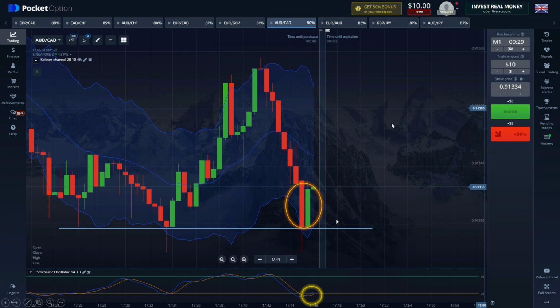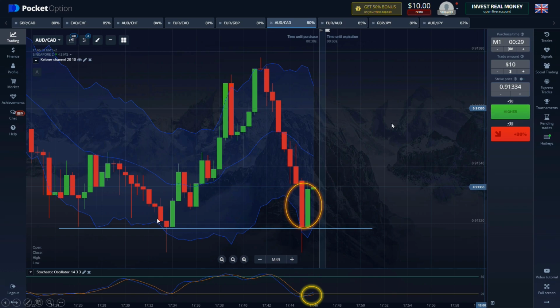Also you need to think about the chart. So you can see here the red candles go all the way down to Keltner channel's bottom line. Then this huge green candle means it will go to the upside.